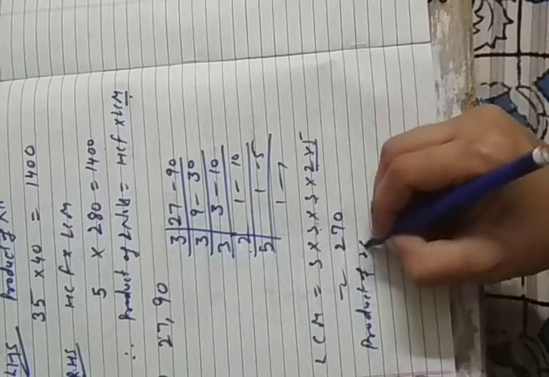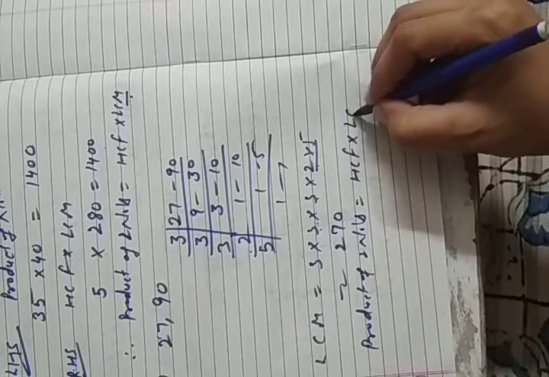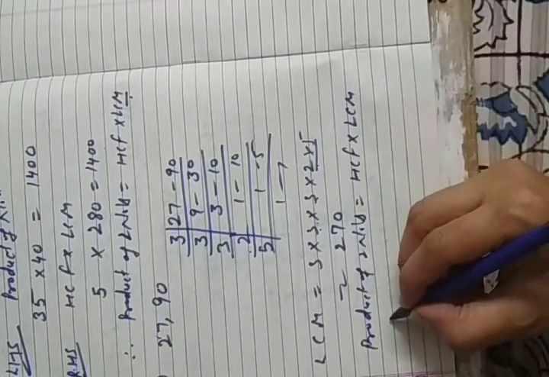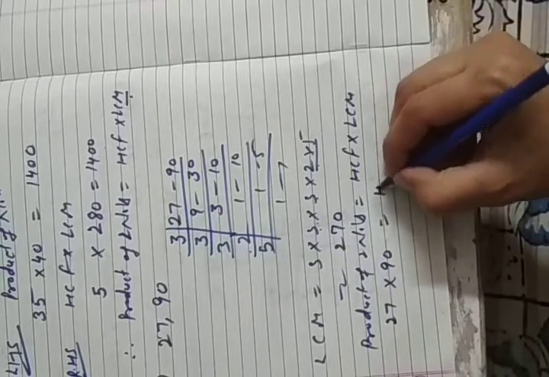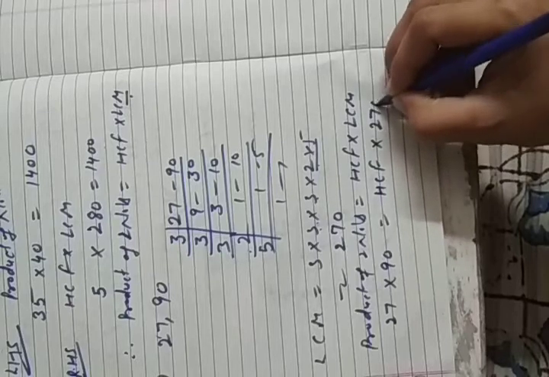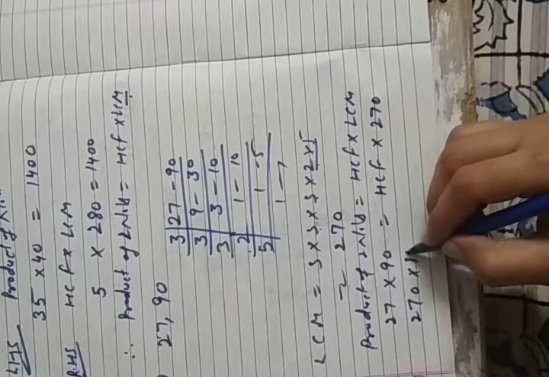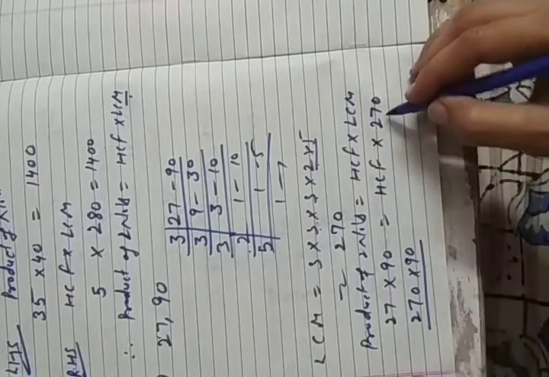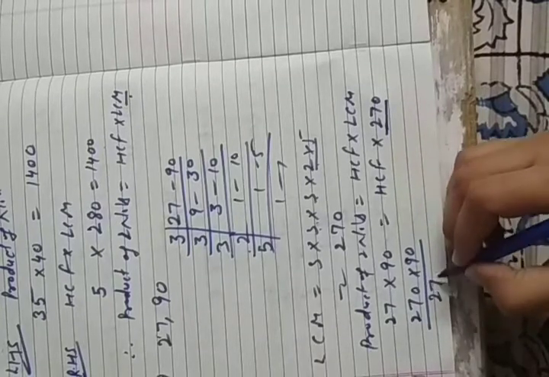Now use the property. Product of two numbers is equal to HCF multiply LCM. Numbers की product means 27 multiply 90. HCF you have to find, then write HCF only. And the LCM is 270. Next step क्या होगा कि 270 multiply 90 and take this LCM value below these values.